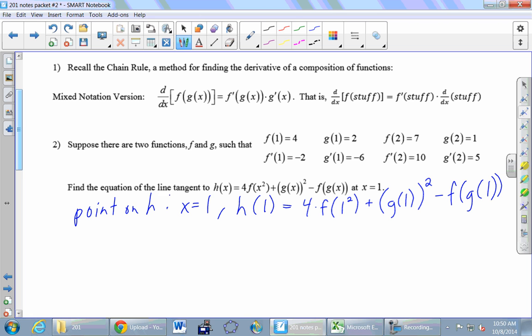Okay, so let's do some calculating here. This is really asking for f of 1, right? Because 1 squared is just 1. F of 1 is one of the few pieces of info we're given. How much is f of 1? It's 4. So the 4 gets copied times another 4, because f of 1 is 4.